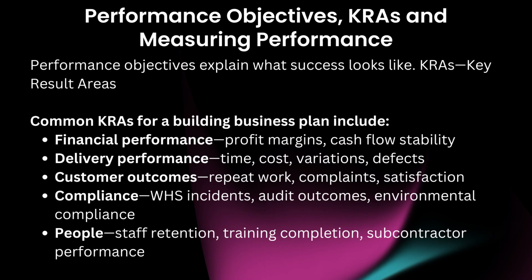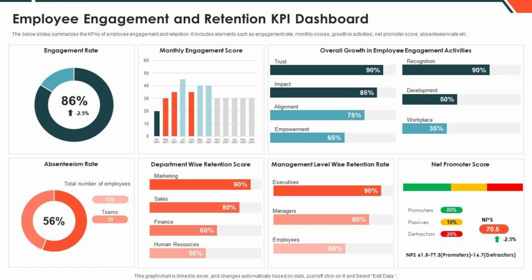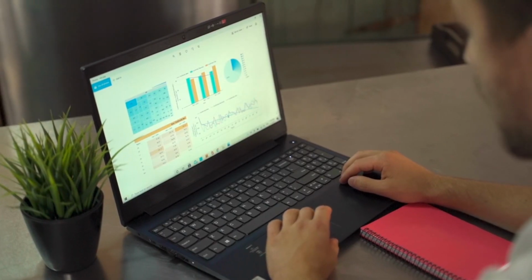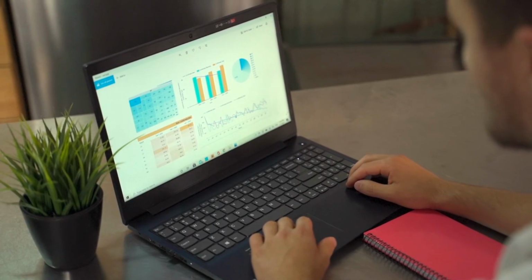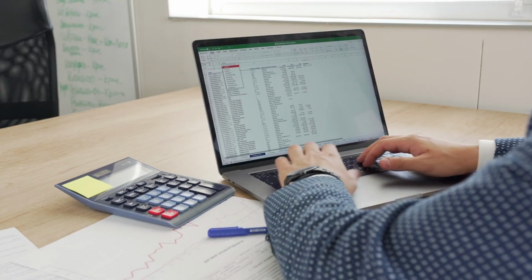Common KRAs for a building business plan include financial performance, profit margins, cash flow stability, delivery performance, time, cost, variations, defects, customer outcomes, repeat work, complaints, satisfaction, compliance, WHS, incidents, audit outcomes, environmental compliance, people, staff retention, training completion, subcontractor performance. Measuring performance can include monthly reporting dashboards, project review meetings, comparing results against budgets and targets, and tracking trends across multiple projects.